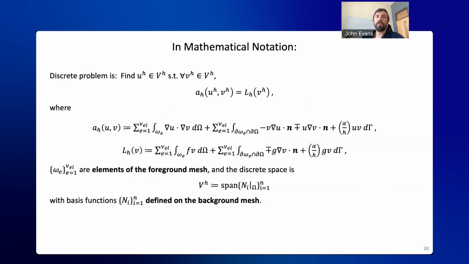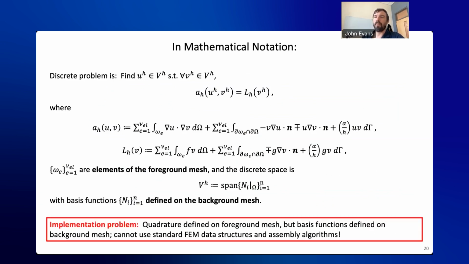So if you take a look at what this looks like in terms of implementation, what we have to do is perform integration over each of those foreground cells, each of those integration elements, and then we need to sum. Now, the implementation problem is that the quadrature here is defined on the foreground mesh, but the basis functions are defined on the background mesh, right?